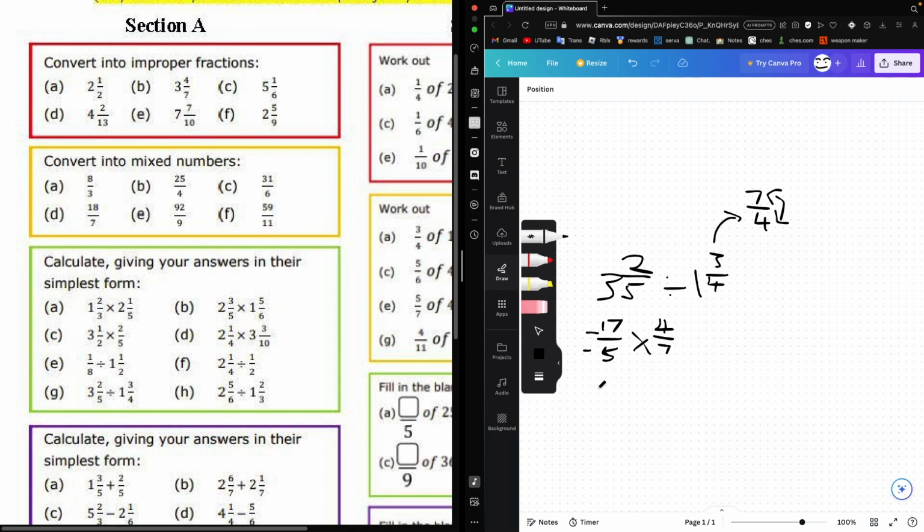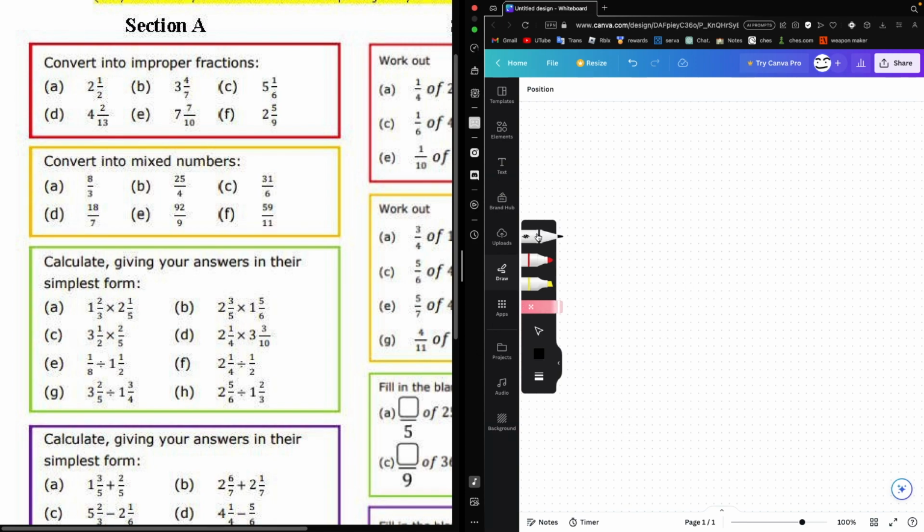And then it also equals 17 times 4, 68, and 5 times 7, 35. 68 minus 35 is 33 over 35. Oh my god, no space. And I don't think you can simplify that. Okay, next question. Last question of the box.